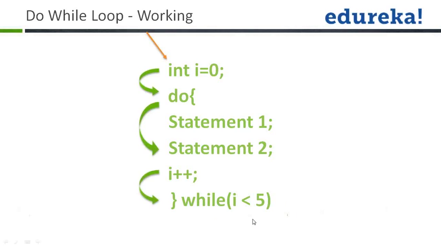If the value of I is less than 5, it will again come here and execute the statements right here, increment the value of I and then check the condition. This process will be followed till the value of I is equal to 5. As soon as it is equal to 5, it will get out of the loop and it won't execute the statements after that.